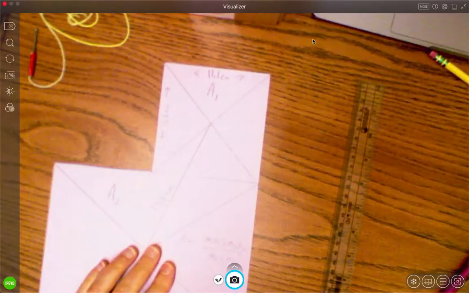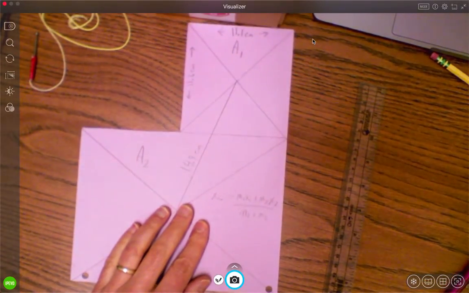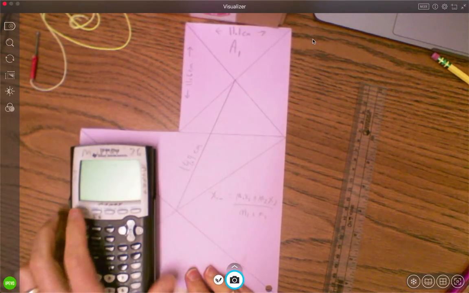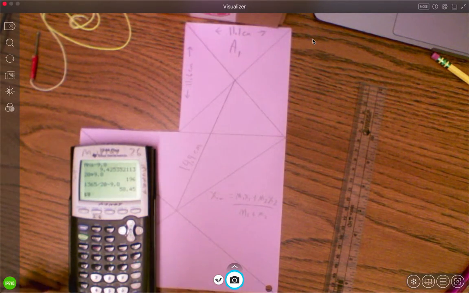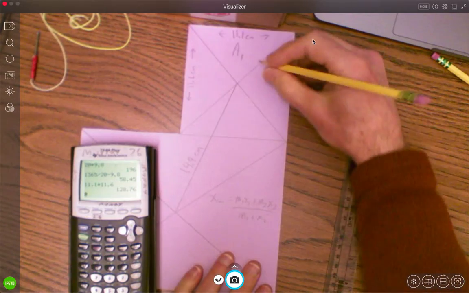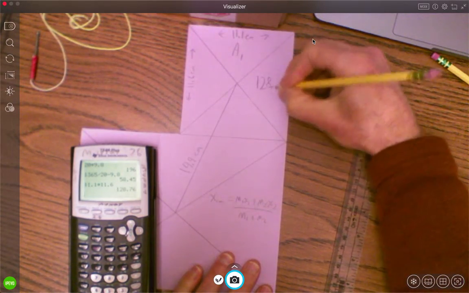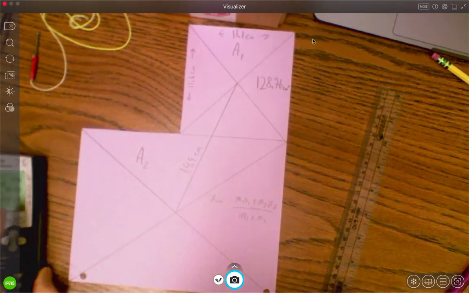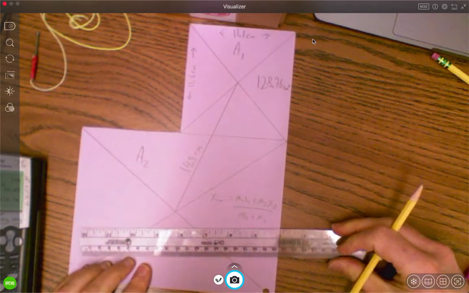Let me see if I can darken that up a little. There we go. Okay, so the area of that top thing is 11.1 times 11.6. It's 128.76. And that's centimeters squared, right?